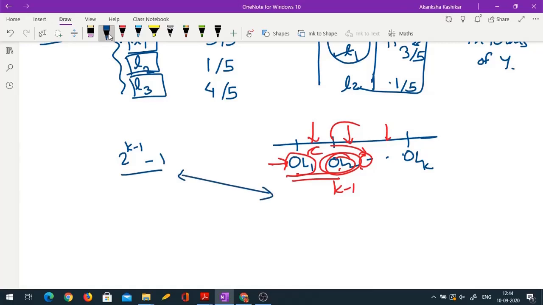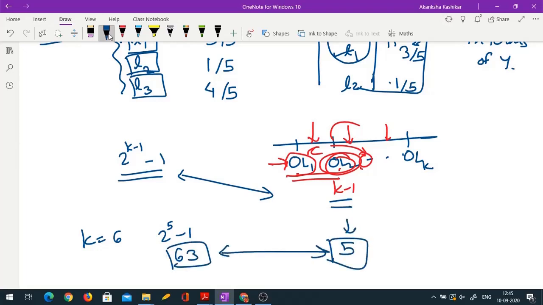From 2 raised to k minus 1, minus 1, we are reaching k minus 1. Try for k equal to 6. Then I have 2 raised to 5 minus 1; 2 raised to 5 is 32... 64 minus 1, so 63. Whereas here I have just 5. I mean, a dramatic reduction in computational effort, and of course that would make your algorithm faster.